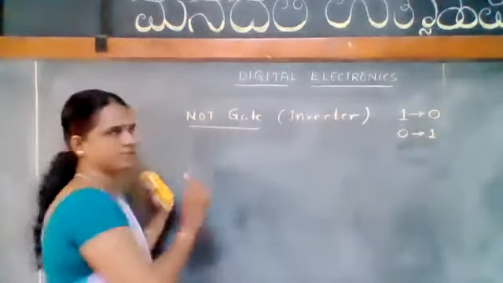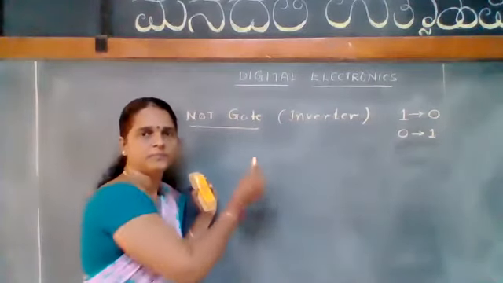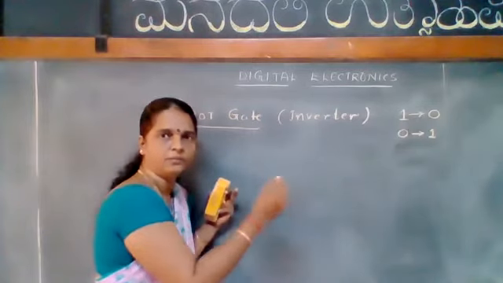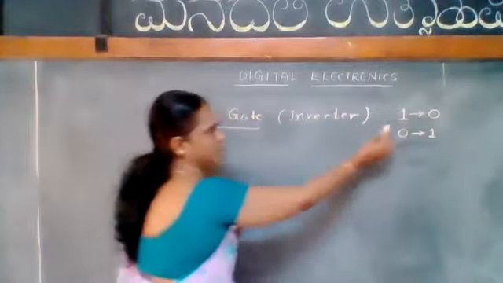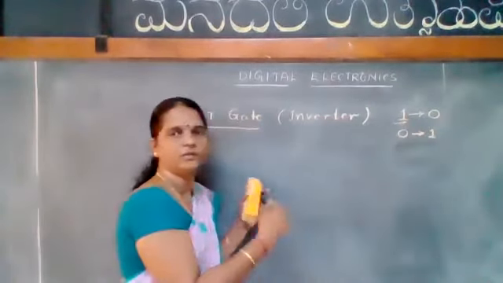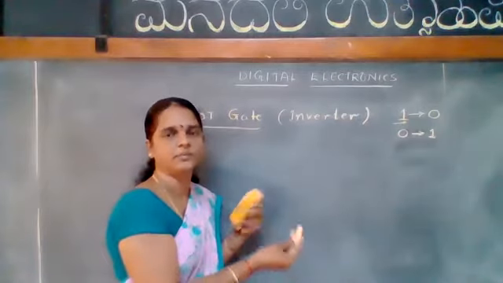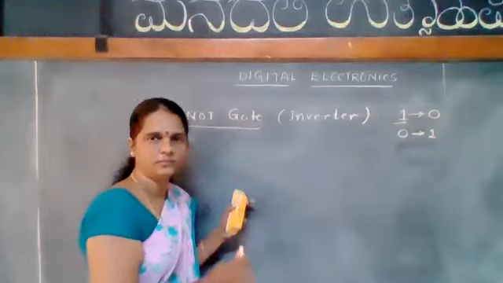To define this NOT gate, if a logic 1 is given as the input and we get 0 as the output, then that device is called the NOT gate or the inverter.